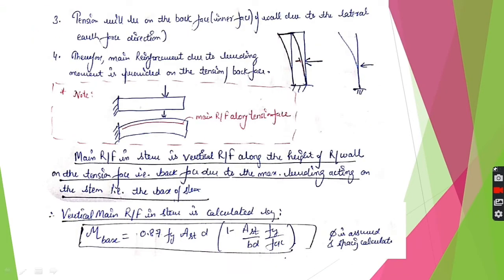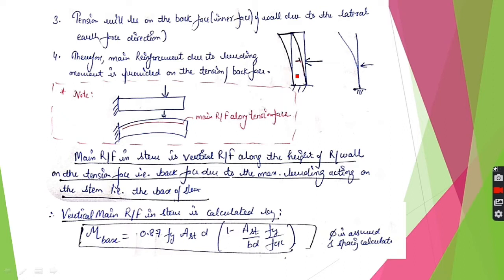So now we know that as this is a cantilever and tension will be on the inner side due to this particular force. Therefore, where is the main reinforcement provided? The main reinforcement is always provided on the tension face. I have explained it here. Consider a cantilever acted upon by a transverse load, then it bends like this and the tension will come on the top face.